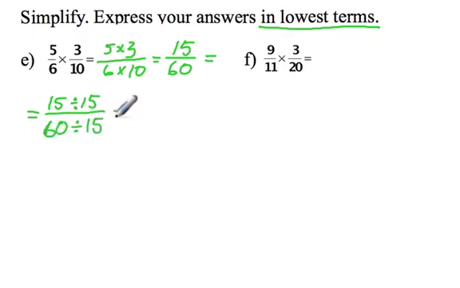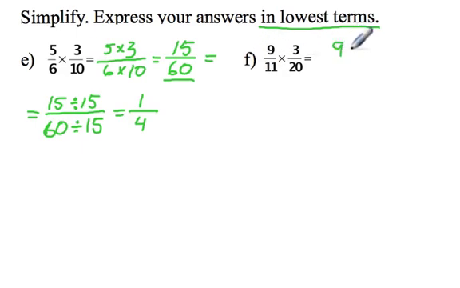and simplify our answer. 15 divided by 15 is 1, and 60 divided by 15 is 4. So when we multiply these two fractions, our final answer is 1/4, which is the answer in lowest terms. 15/60 is also correct, but it's not in lowest terms. So for the next question, we have two fractions multiplied.